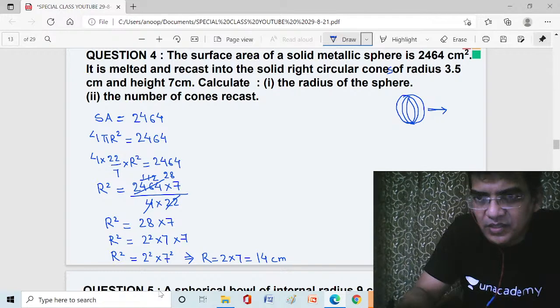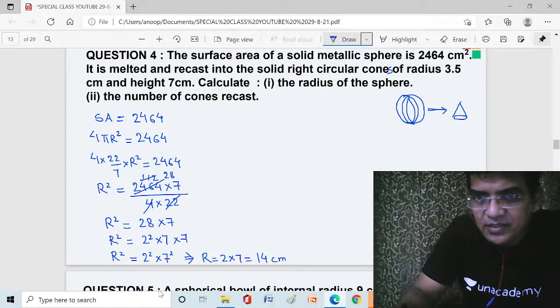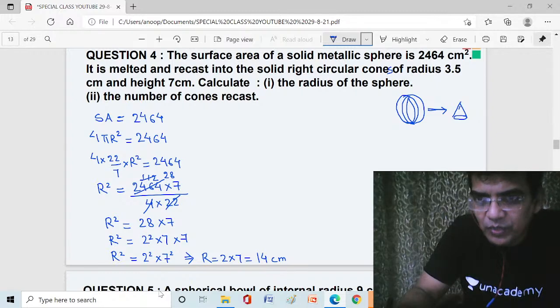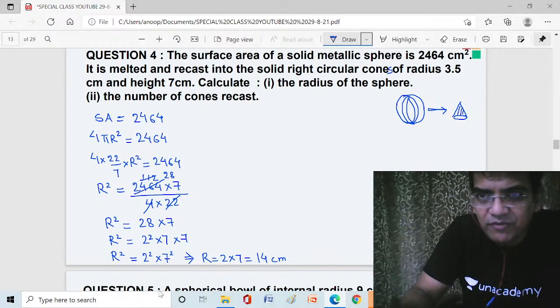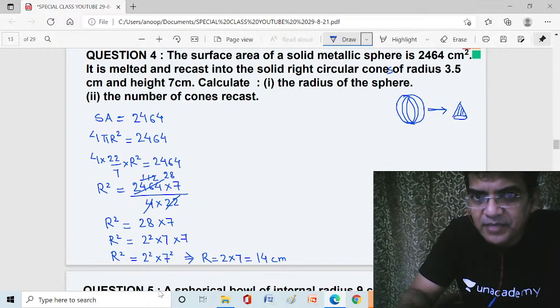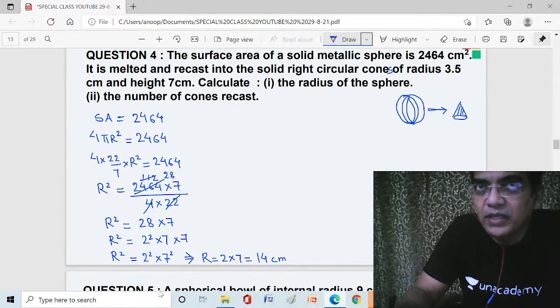So this is a, let us suppose this is a cone, and the question says it is casted into right circular cones. That means not only one cone but many cones were made from it, and each is having the same radius and the same height. So that means volume of all the cones will be equal.